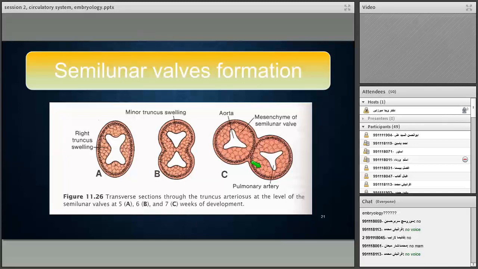When the partitioning or separating of the truncus arteriosus is complete, listen, when its separation is complete, the semilunar valves become visible in some tubercle forms, in the truncus swellings. We have the truncus swellings and we can see these tubercles.